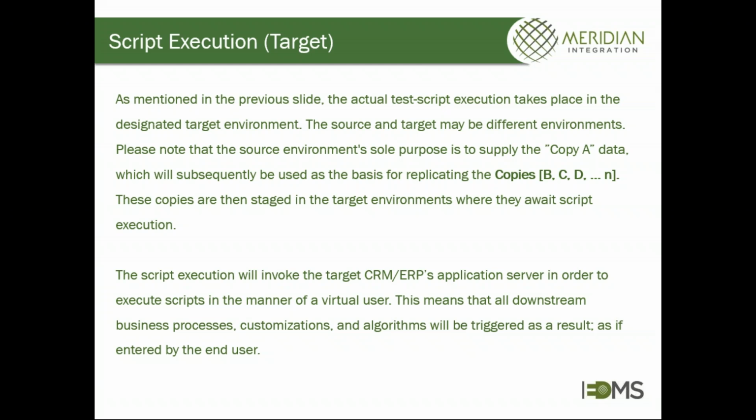The script execution will trigger the target CRM application server to execute each test script step as a virtual user. By using the application as a virtual user, all downstream business processes, customizations, and even algorithms will be triggered as a result.